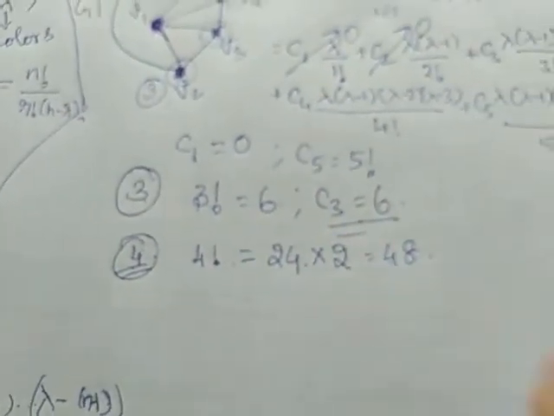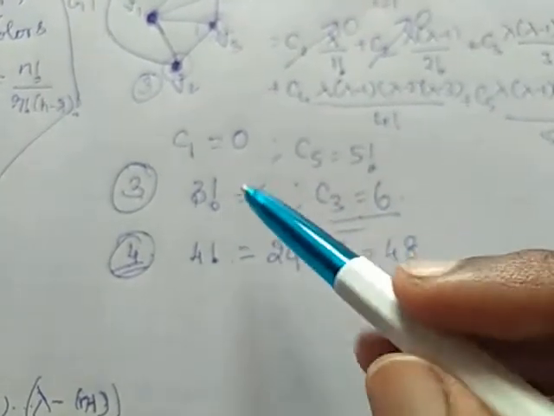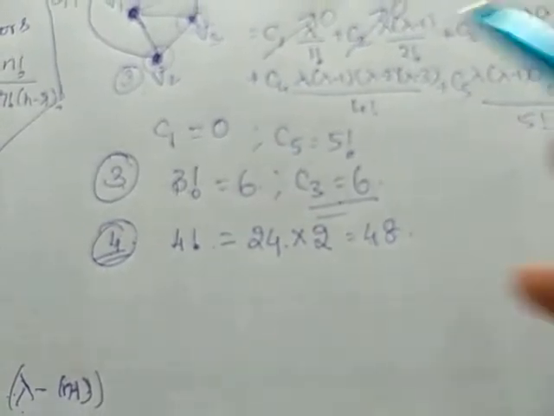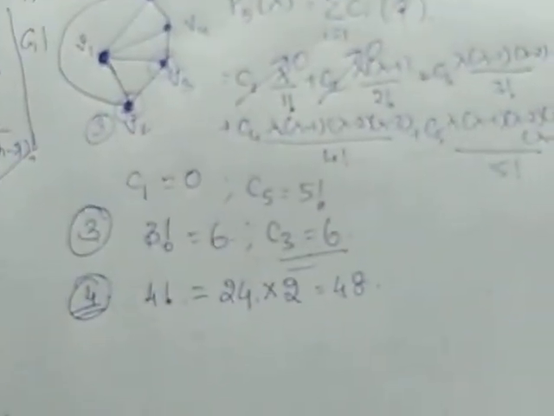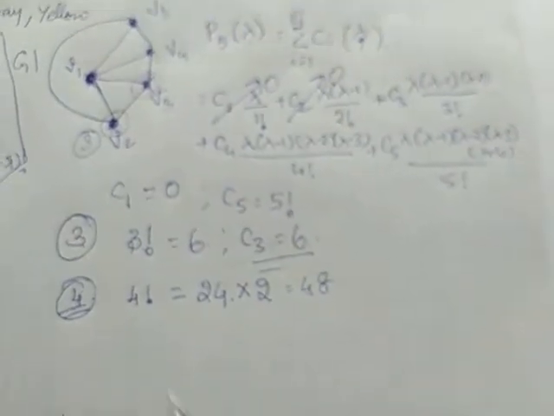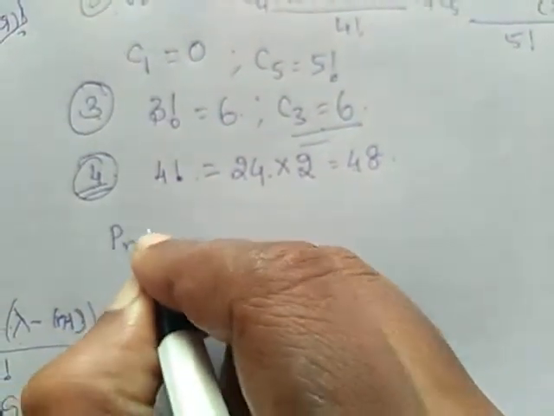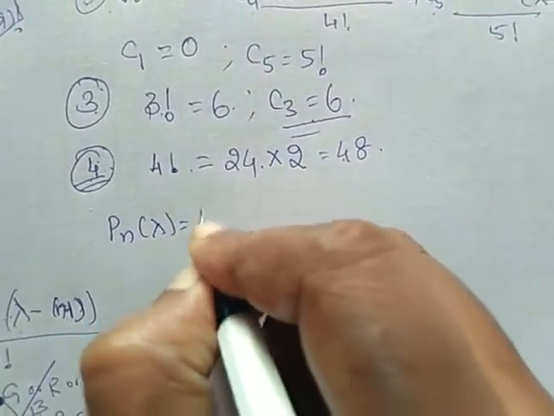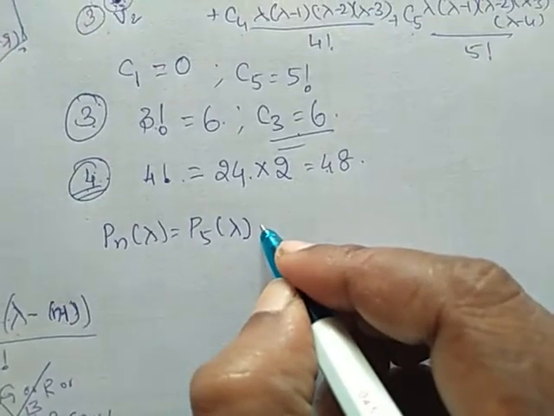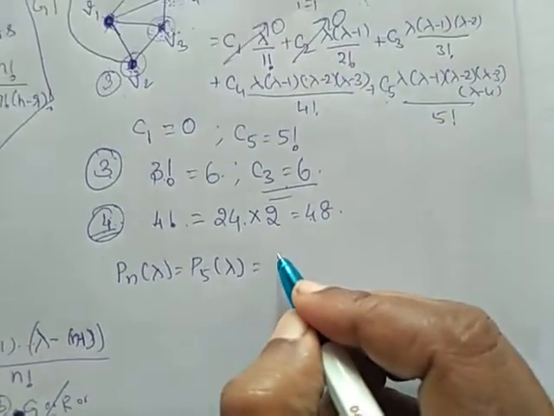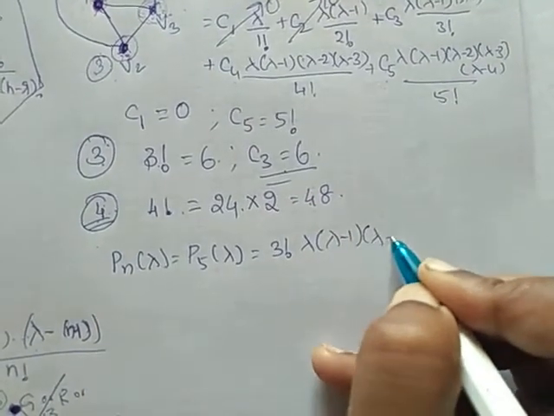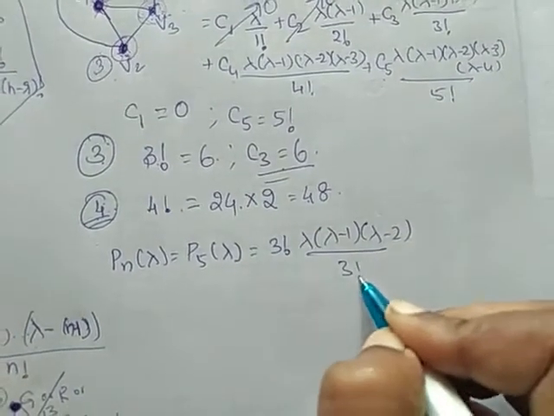Now, we are going to substitute C2, C3, C4 in Pn of lambda. So, what is our Pn of lambda? Pn of lambda is the same as P5 of lambda. P5 of lambda, C1 is 0, C2 is 0, C3 is 6 or 3 factorial, lambda, lambda minus 1, lambda minus 2 by 3 factorial.